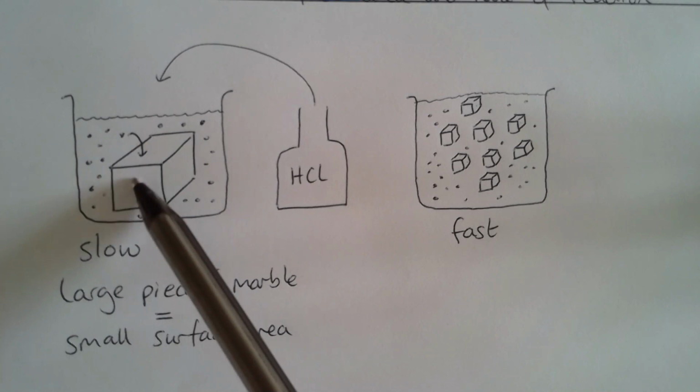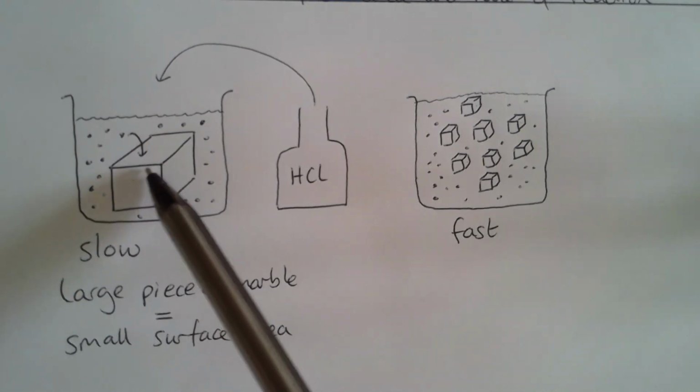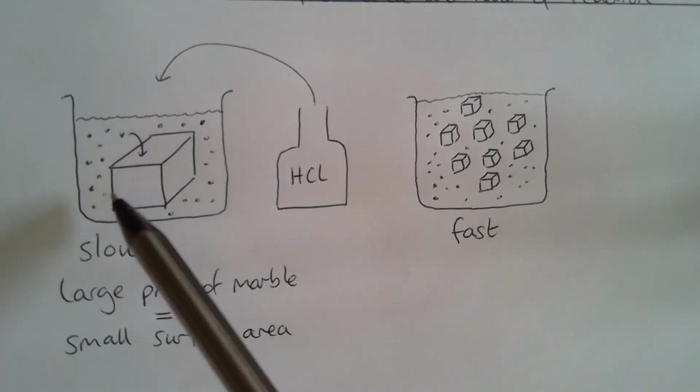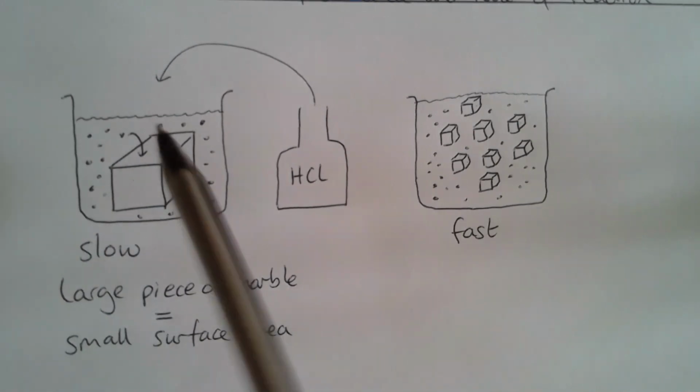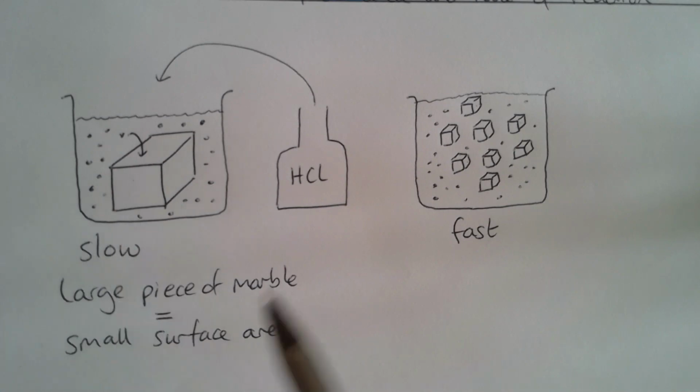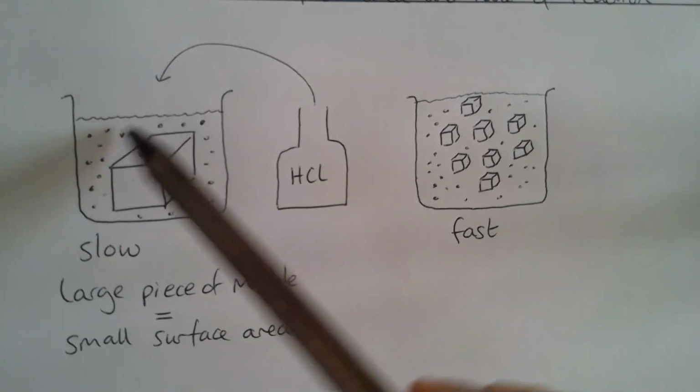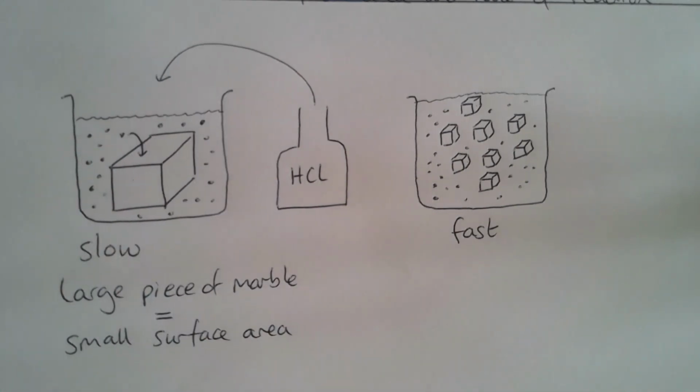So don't forget that this is a cube, so there's 3 surfaces that we can't see here, underneath, on the back and on the side here. So there's 6 surfaces. So this is a large, big piece of marble chip. It has got a small surface area. So there's an inverse relationship here, a backwards relationship between the size of the piece of marble chip and the surface area.